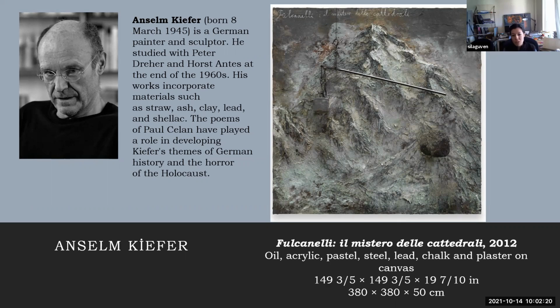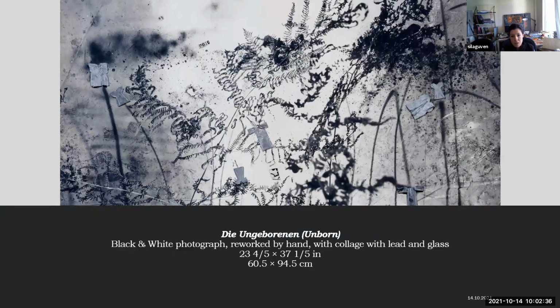So he's using clash, ashes, straw on paintings, but these are very big paintings. You know already that. So I give some examples of that. It's an unborn composition. I really like that. This composition is amazing.